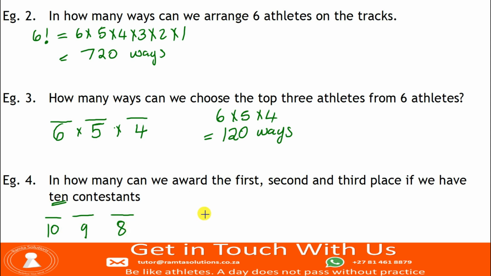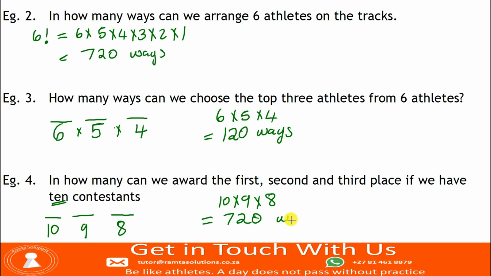Therefore, our answer is 10 times 9 times 8. 10 times 9 is 90, and 90 times 8 is 720.